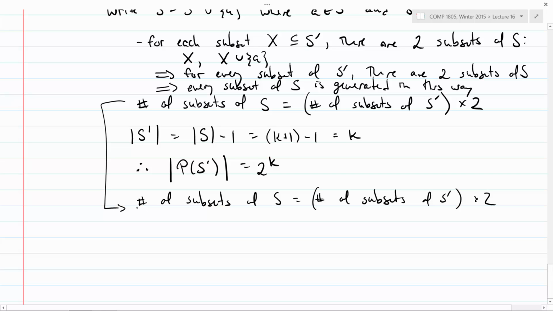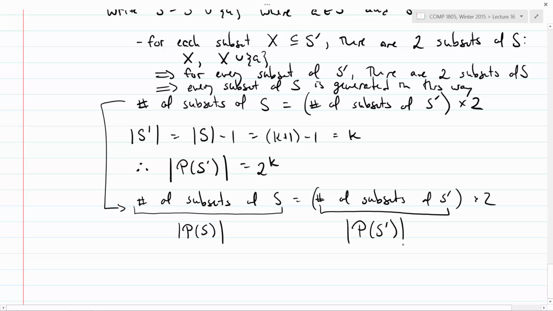Well, the number of subsets of S, that's exactly the same as the size of the power set of S. And the number of subsets of S prime, that's exactly the same as the size of the power set of S prime. And then we have this times 2 out here. So we know that the size of the power set of S prime is 2 to the k.